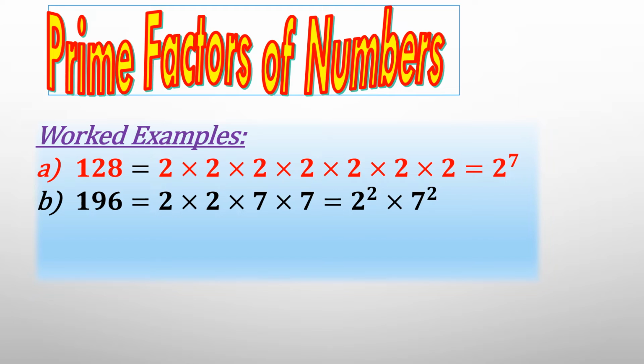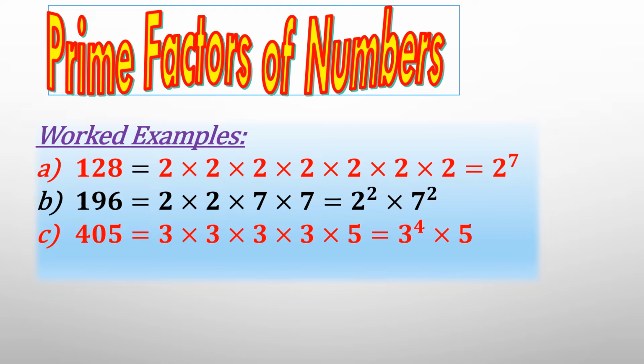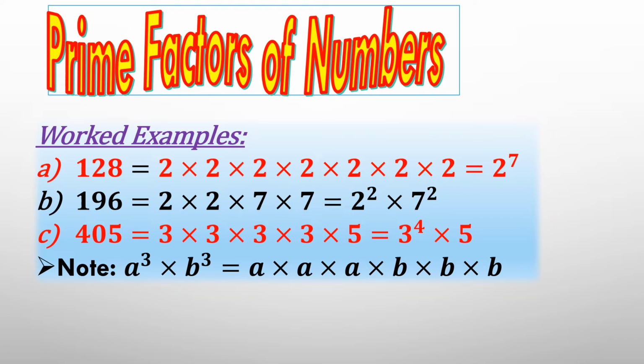In this case, you'll find that we have two values of 2 and two values of 7, and that is written as 2 to power 2 multiplied by 7 to power 2. Another number is 405, and if you repeat the same process, you'll find that you have 3 to power 4 multiplied by 5.